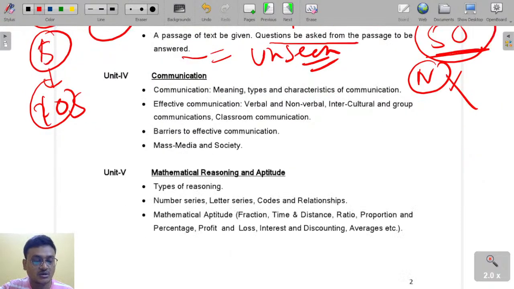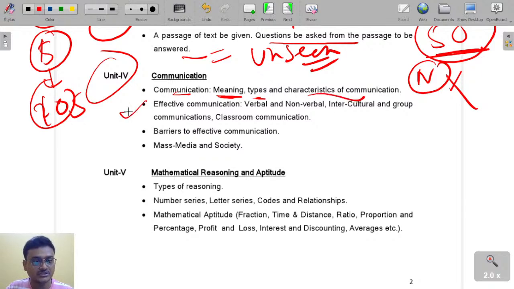Then communications. Communications means its meaning, the definition of communication, and its types. Like vertical communication, horizontal communication, grapevine communication, upward and downward communication, as well as formal and informal communication. These are all types and characteristics of communication.